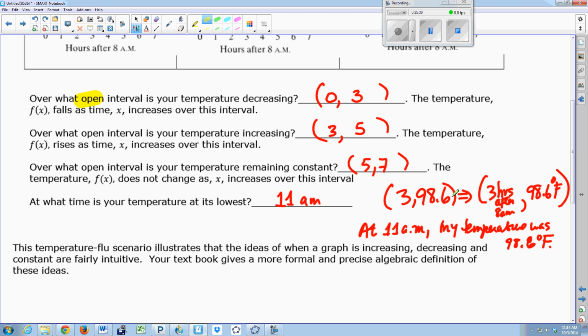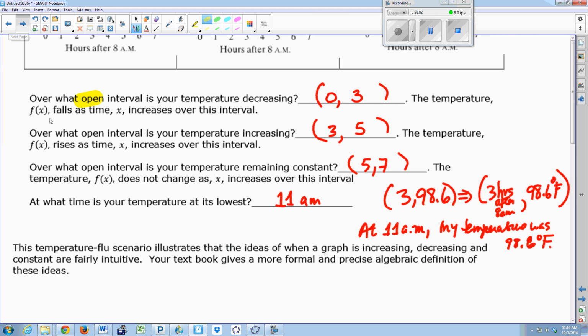Notice each of these numbers appears in the sentence with each of the units. Now you might say, I don't see 11 anywhere, but we've interpreted what 3 means by the definition of x, which is the number of hours after 8 a.m. You could have also said 3 hours after 8 a.m. instead of putting 11 a.m. in. Okay, so this is how you would interpret it.